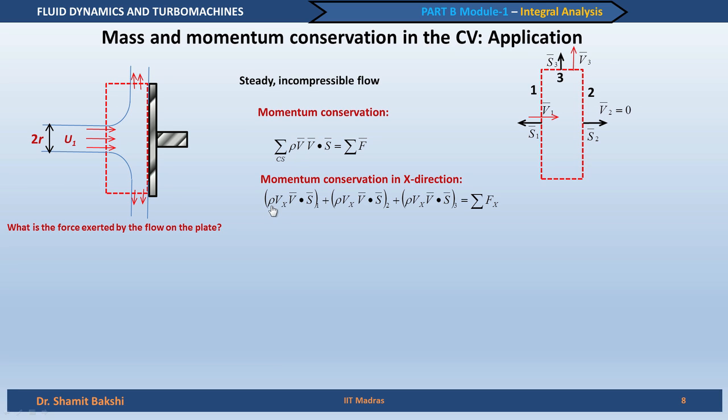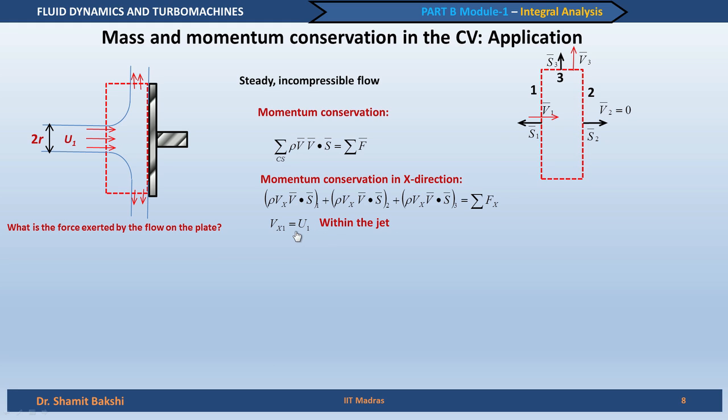So, this equation becomes rho V x V bar dot s for 1, and rho V x V bar dot s for 2 and 3, and the summation of that is basically the net force acting in the x direction. V x 1, that means the velocity component in x direction on the control surface 1, is actually u 1 as given in this problem.